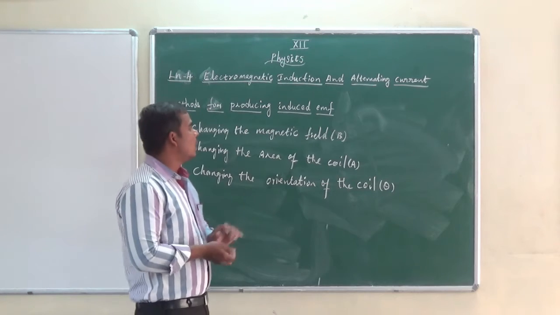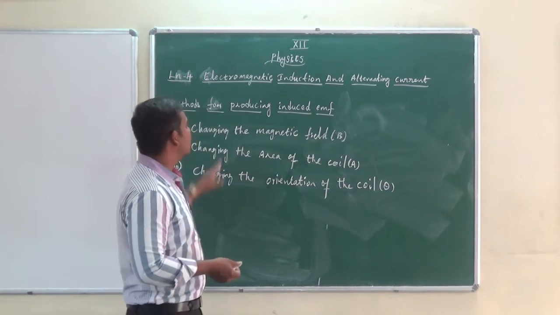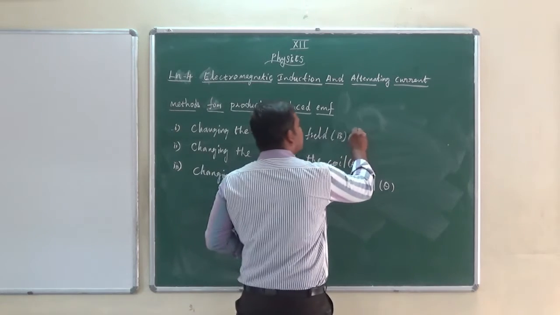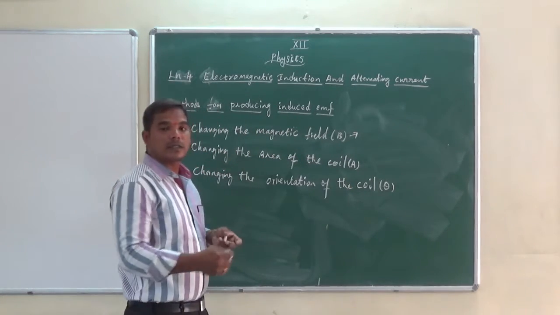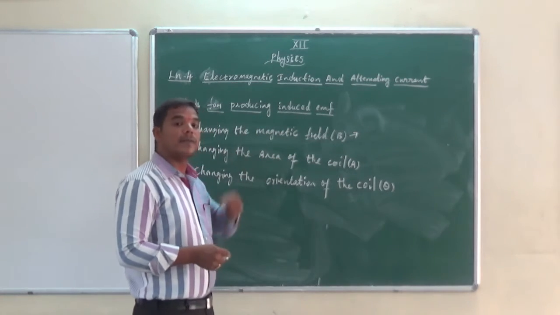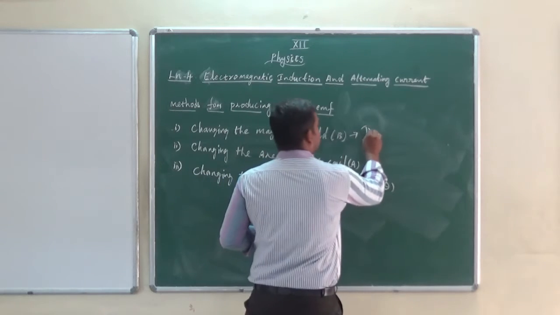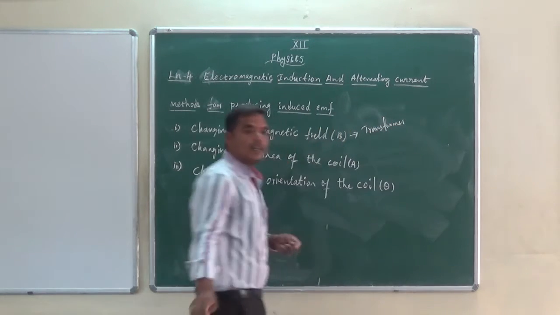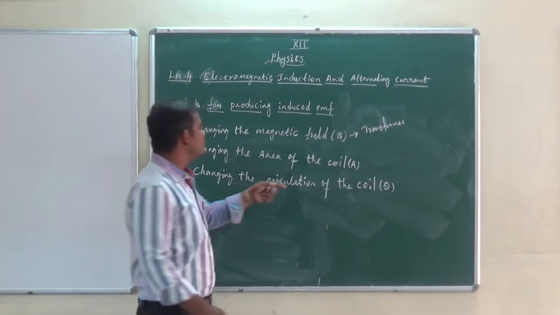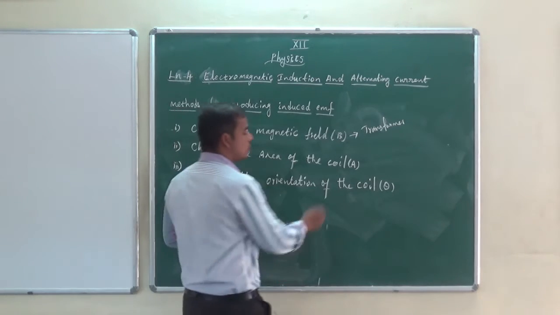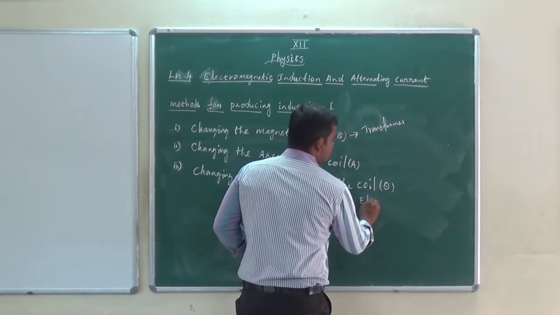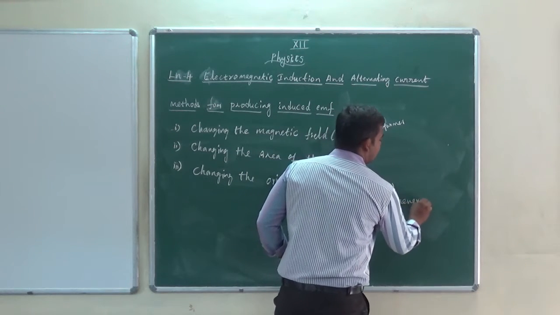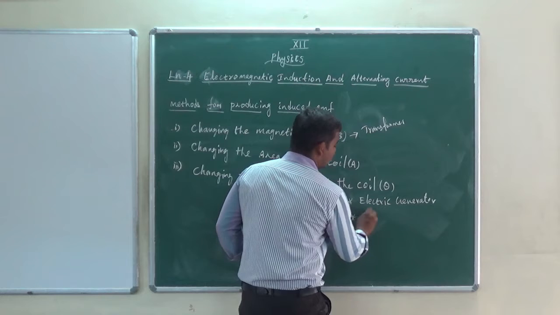Of these 3 topics, the first and last are very important, because changing the magnetic field is used in the transformer, and changing the orientation of the coil is used in the electric generator. One last question: electric generator and electric motors.